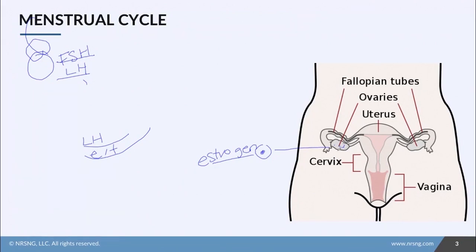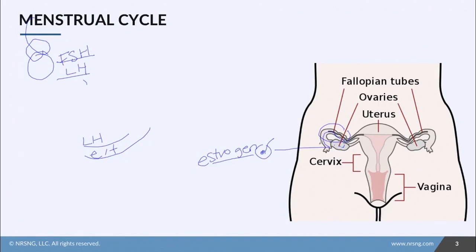Yes, that occurs on day 14 of the cycle, or around day 14. So that egg is released from the follicle, and it is going to travel down the fallopian tube. It is looking for sperm to hopefully be fertilized. Fertilization will occur in the fallopian tube if it's going to happen.